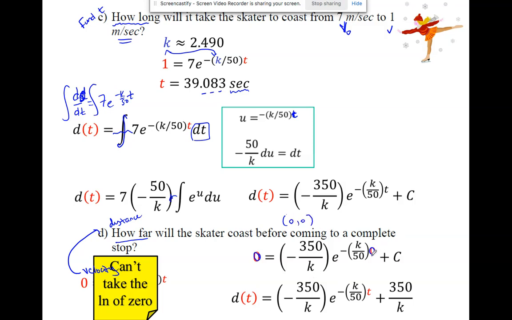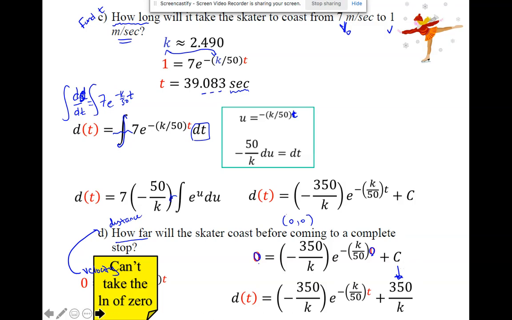Right, at time equals 0, how far she had coasted is 0, right? So I plugged in 0, e to the negative something times 0 is e to the 0, which is 1. 1 times negative 350 over k is negative 350 over k. Negative 350 over k plus C is equal to 0, which means that C is equal to 350 over k. So there that is.